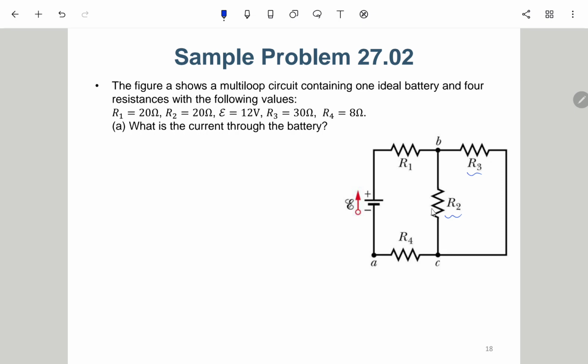Although this is vertical, this is horizontal, if you just look at this part, you can simply feel that these two are connected together, so actually R2 and R3 are parallel with each other. So here we have R2 parallel with R3, which is 20 times 30 over 20 plus 30.